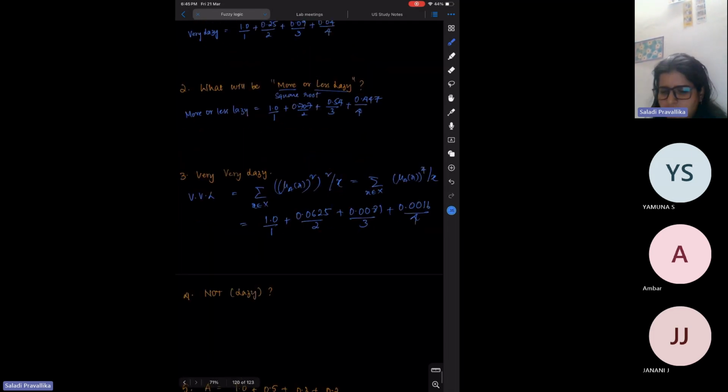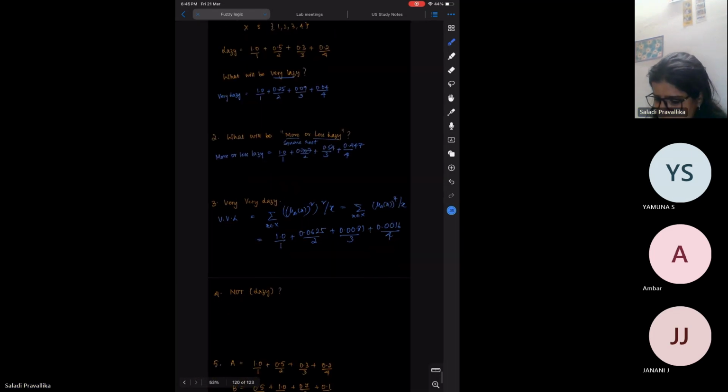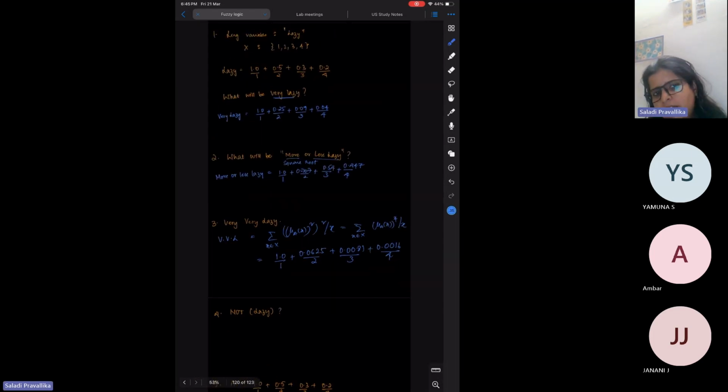And the last one is not lazy. Not lazy means we have to take the negation, right? So negation of whatever is the lazy values.